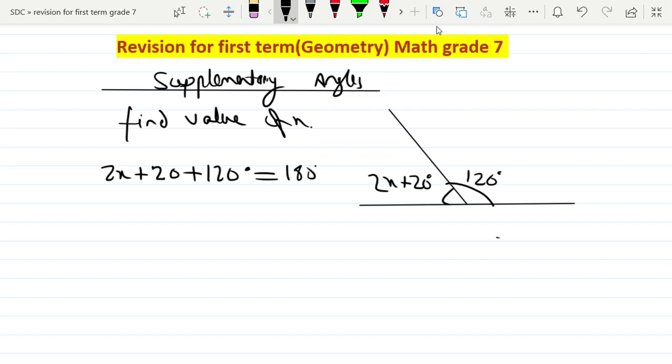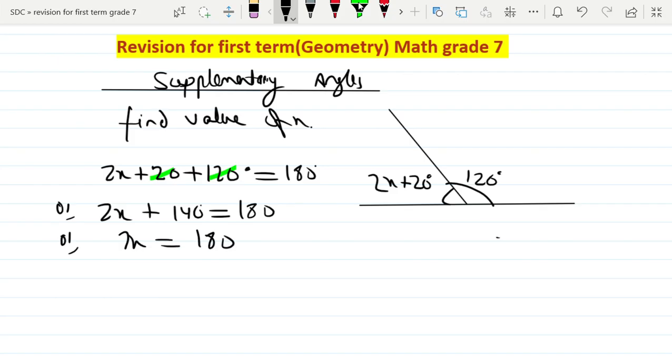The reason you provide is sum of angles on a straight line is 180, or supplementary angles. So 2x plus, now 20 and 120 you add first, okay? So you get 140 degree, so 2x equal to 180 minus 140. Plus you send to the other side, you get minus.